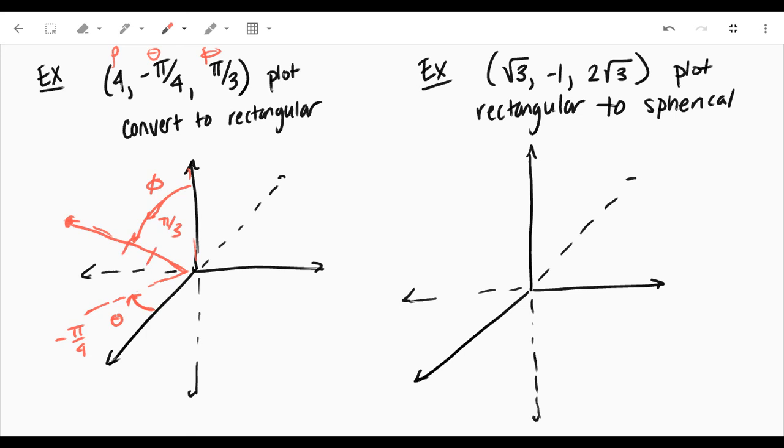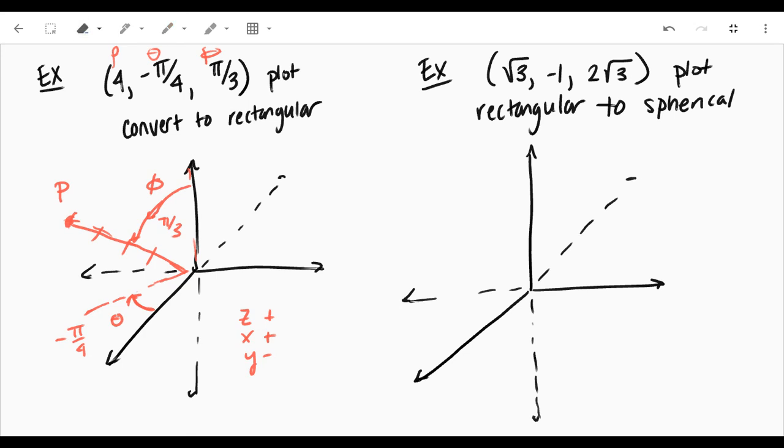And then you have to go 4 units. So there'd be our point. We're above the xy plane, so z would be positive, x would be positive, and y would be negative, right?